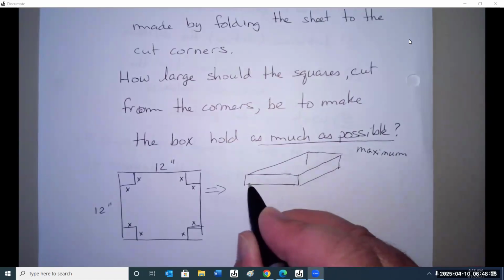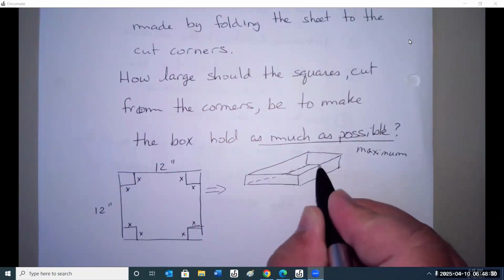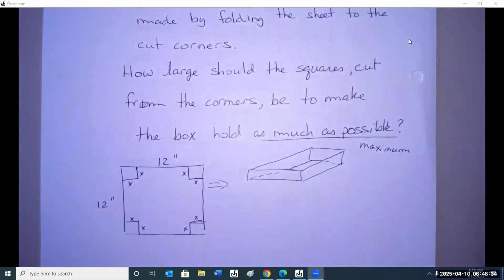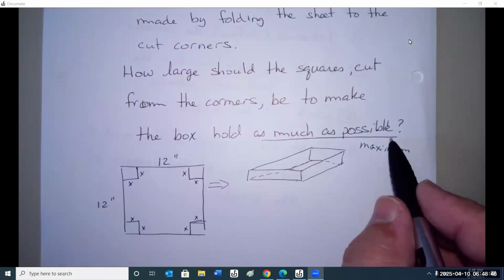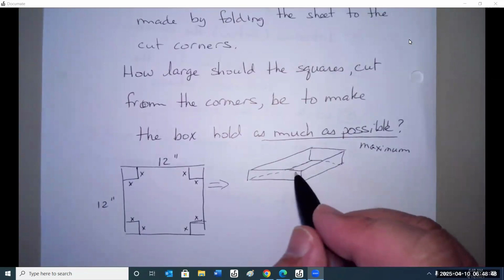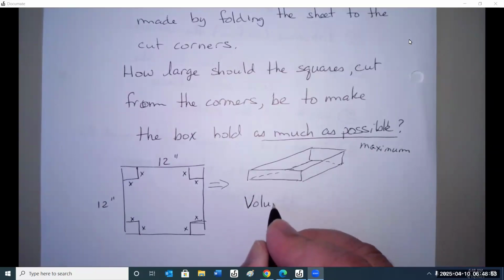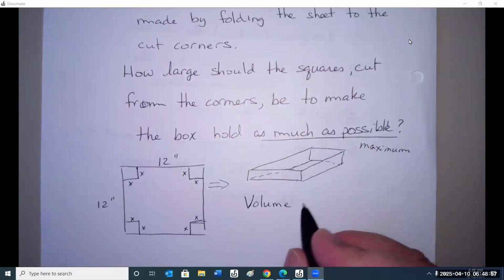We will have an open top box. That's what it's going to look like. So now we have to figure out what formula do we use. Since we're looking at as much as possible, and it's a box, that is defining the volume. We want to know how much we can put inside there, so that's the volume.